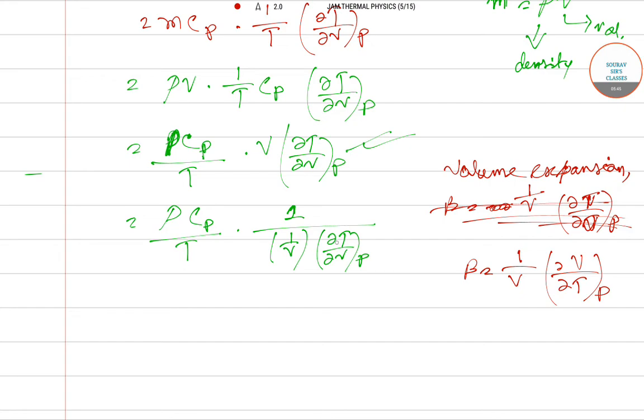So here this del T del V is the reciprocal of del V del T, so 1 by V into del T del V at constant P equals 1 by beta. So this equals rho into Cp divided by T into 1 by beta.